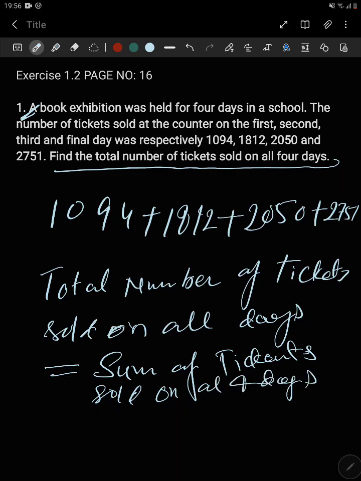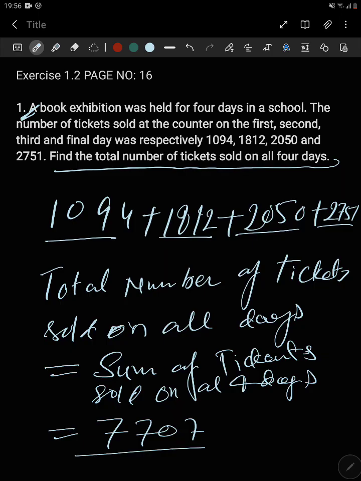Okay, so the answer will come after adding all the numbers. If you add up these numbers, you will get 7707. So this will be the answer of this question.